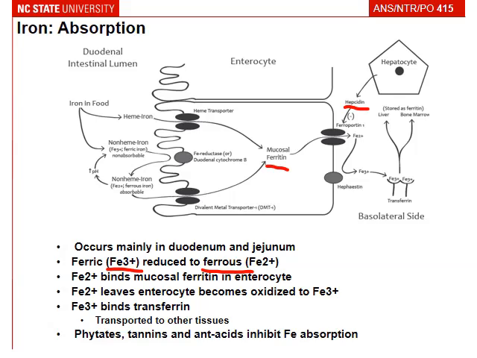So that's how we're controlling and trying to limit the amount of excess iron that we have. And we have other things that can also affect the absorption of iron. So we have phytates, as we mentioned before, tannins, which are polyphenols found within plants, and acids are able to inhibit iron absorption.